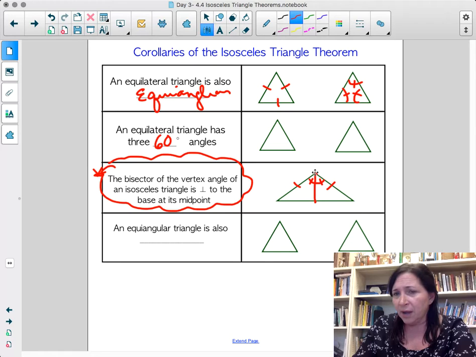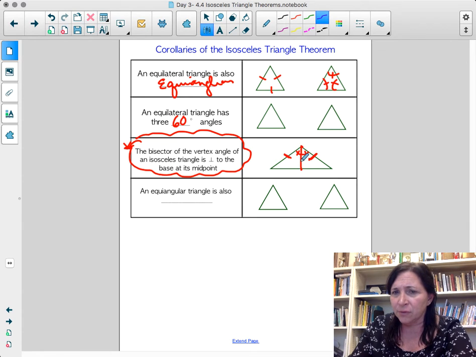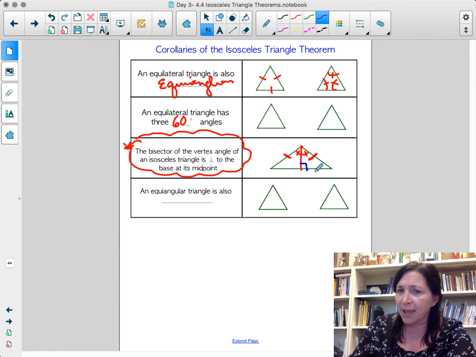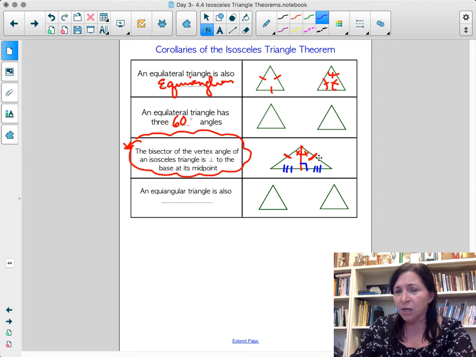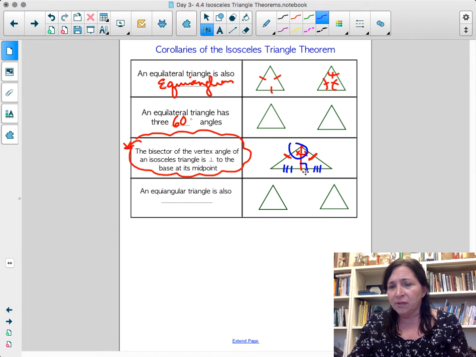If you do cut this angle in half and you do have an isosceles triangle, what that actually does is it gives you this perpendicular to the base. And it also gives you this length here congruent to this length here. So not only does this line bisect the vertex angle up here, but when it comes down, it's perpendicular and it cuts the base into two parts.